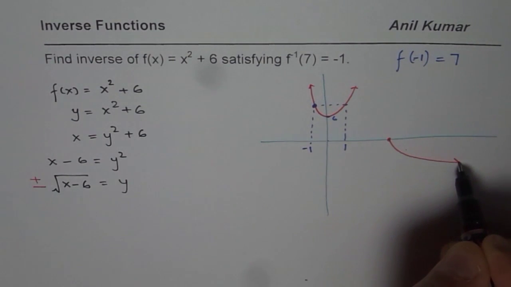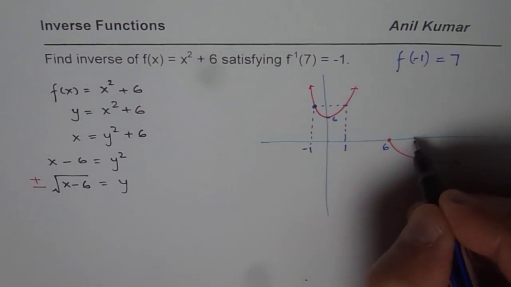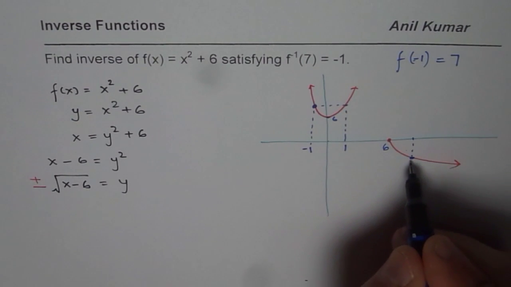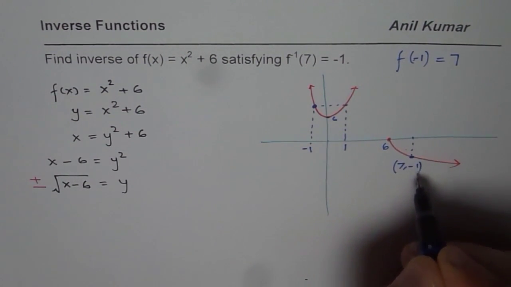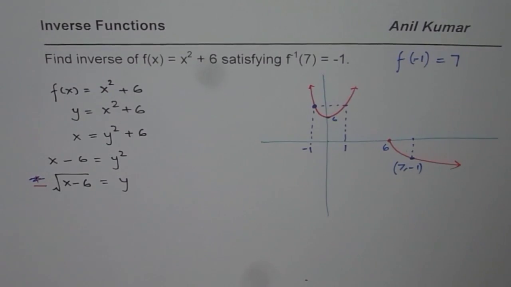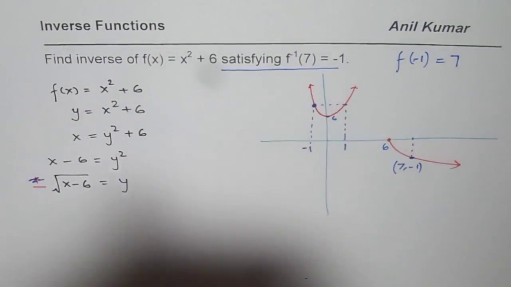Do you see that? We are looking for this half where the coordinate point is 6, 0, right? So at 7, the value should be minus 1. This is the point 7, minus 1, and that is only the lower half. Therefore, when we do the square root, we'll consider the negative part of this function. Perfect, to satisfy this particular condition.